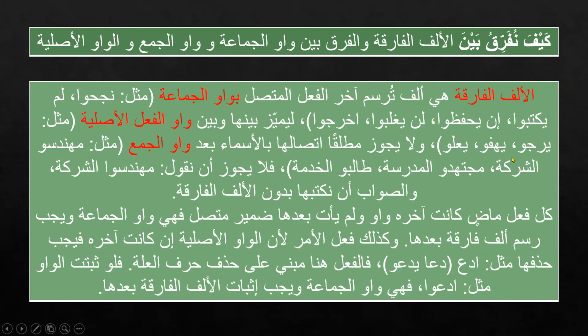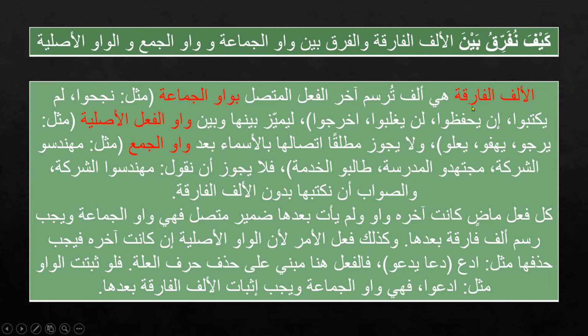If there is a wow in the root letters, that wow is the real wow, that is from the root letter. So to differentiate between wow jama'a and wow asliya, we need to put alif al-fariqah after the wow jama'a. Alif Al-Fariqah comes from farq. Farq means to differentiate, to differ. It means to differentiate between these two, wow jama'a and wow asliya.